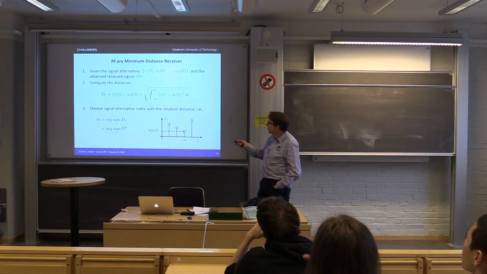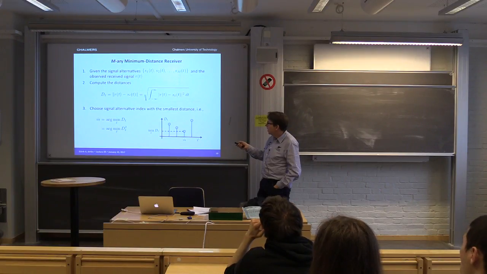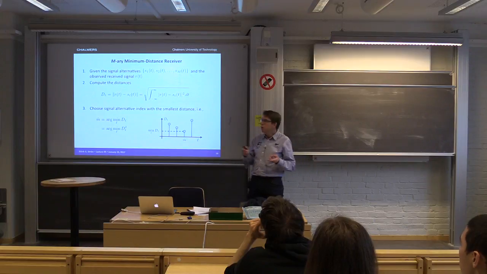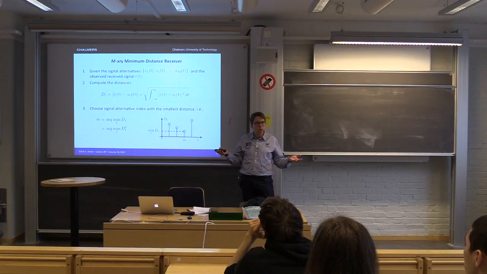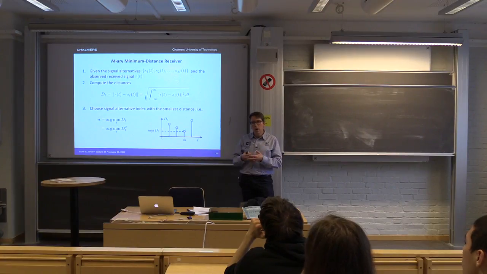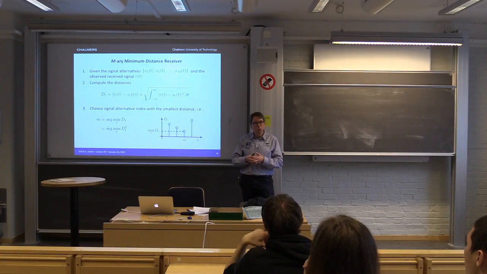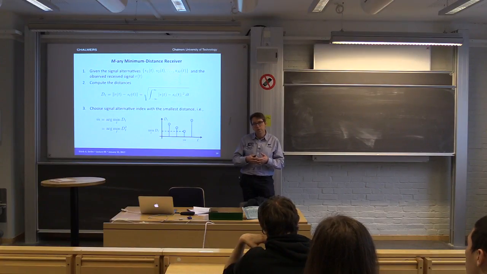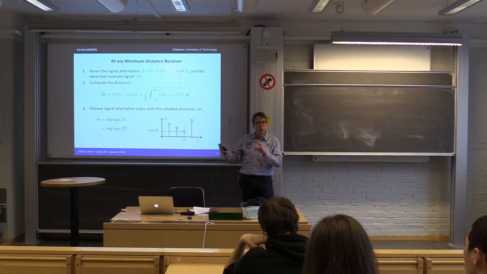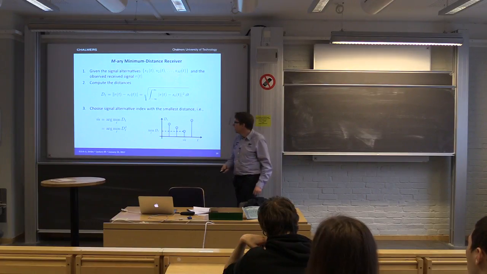What we do is compute the distances between the received signal and the Lth signal alternative, and we compute that for all signal alternatives. Then we have a bunch of distances, and our decision will be based on the signal with the smallest distance to the received signal. So we're looking for the signal alternative which is the closest match to what we have received.